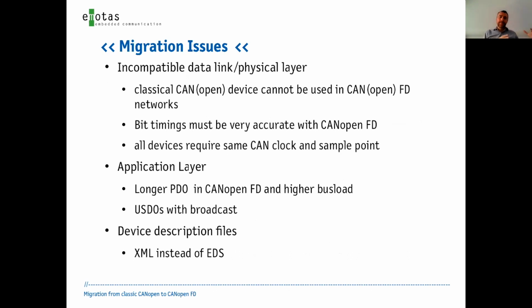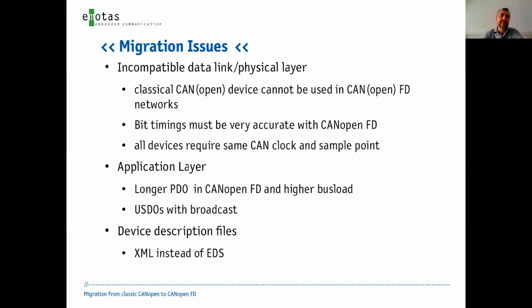The classical CAN devices will detect an error if they receive CANFD frames, so you cannot combine them. Of course, the new CANFD or CANopenFD devices are able to handle classical CAN frames, but the older ones can't. So without any changes, you cannot mix existing classical CANopen devices with CANopenFD devices.